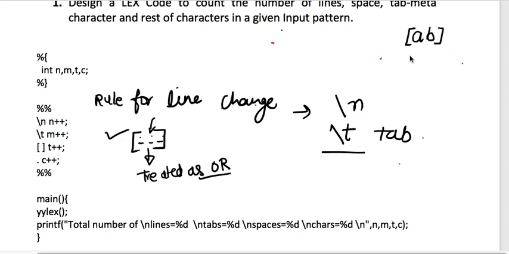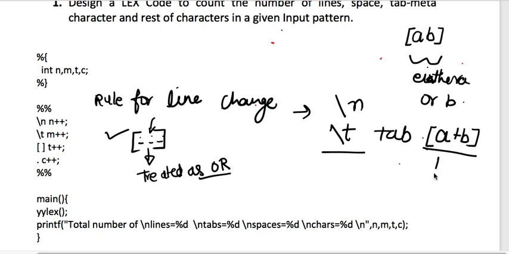It means either A or B. Let's suppose I write A plus B. In automata, TOC or compiler design, you would have studied this as A or B, but here it is not like this.